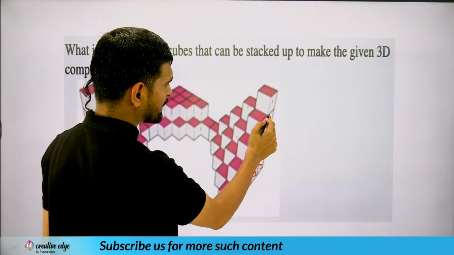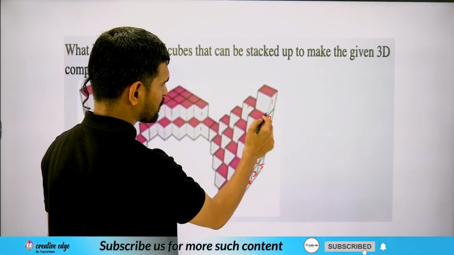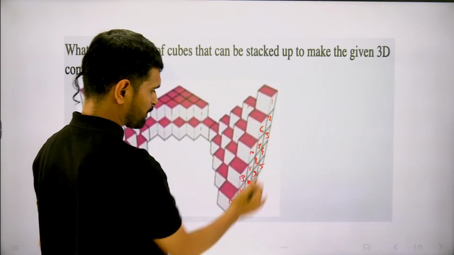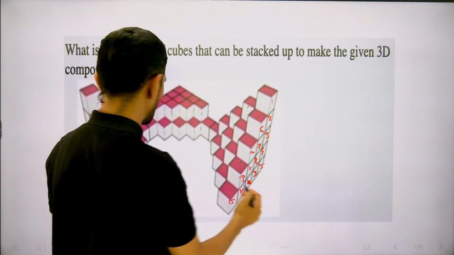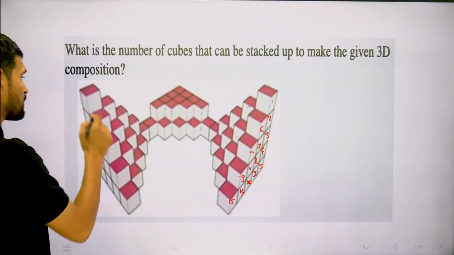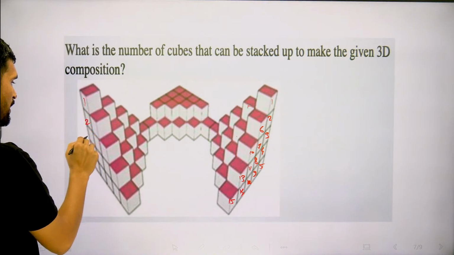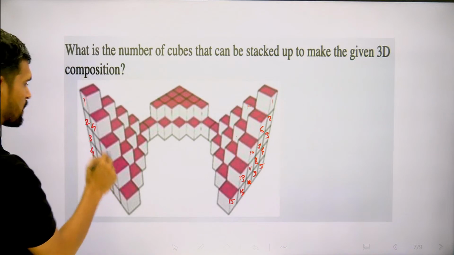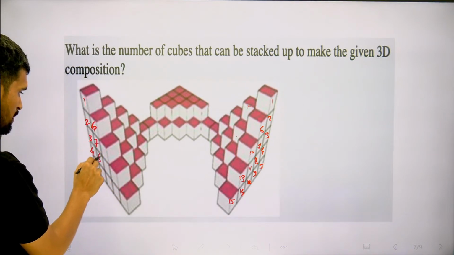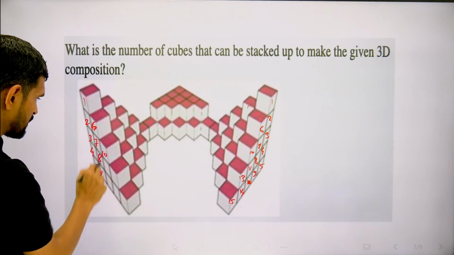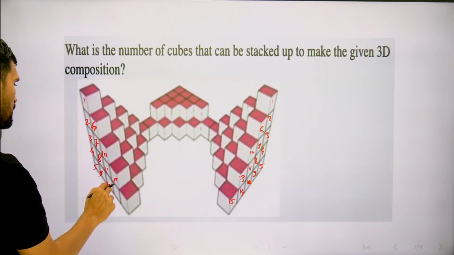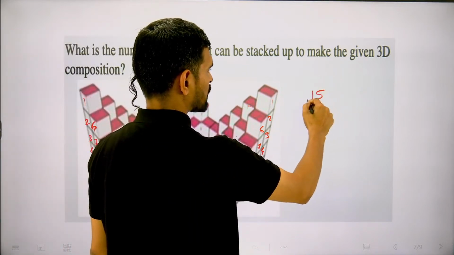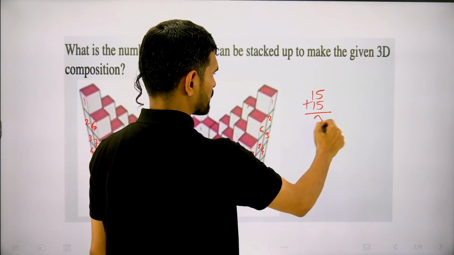So exactly similar structure, right? Just one layer has been removed. The very first layer has been removed. And if you look at this part, here also you can identify the same similarity: 3, 4, 5, 6th, 7th, 8th, 9th, 10th, 11th, 12th, 13th, 14th, 15th. Right, 15 and 15, 15 plus 15 is 30.